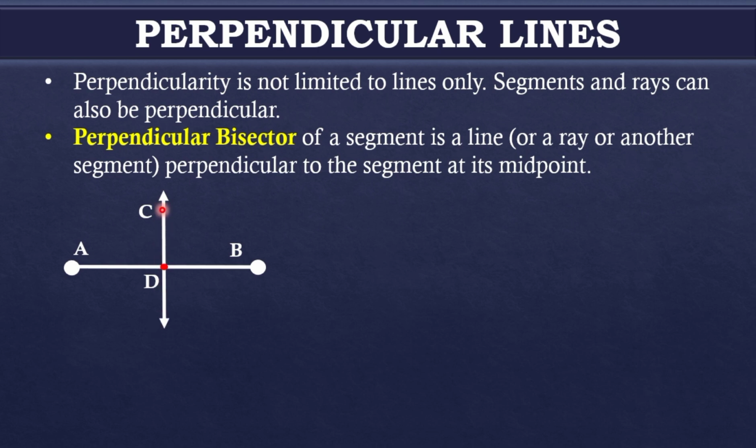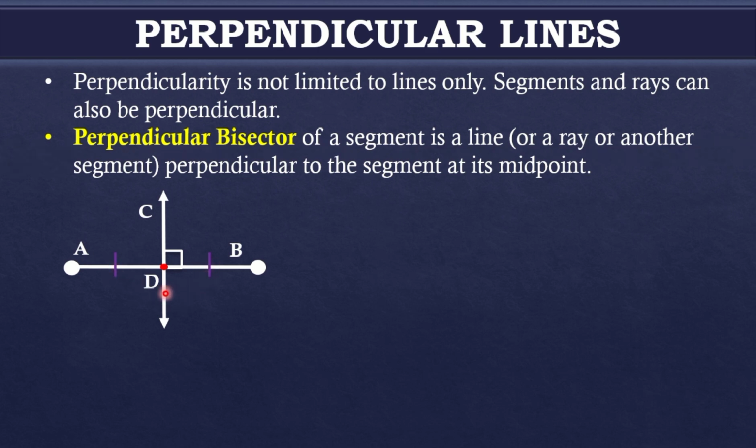Okay? So, anong pinagkaiba niya dun sa perpendicular lang at perpendicular bisector? Pag sinabi nating perpendicular bisector, hindi lang siya basta nagpo-form ng right angle. Hindi lang siya basta perpendicular. Pag sinabi nating perpendicular bisector, it also divides the segment into two congruent segments.